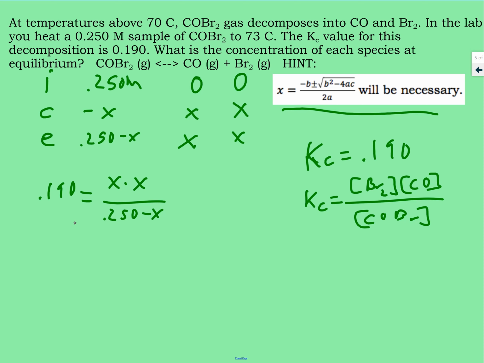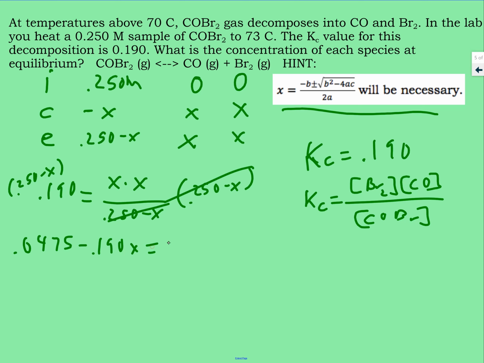So the first thing I might do is multiply both sides by 0.250 minus x to get that off the bottom. 0.0475 minus 0.190x equals x squared.